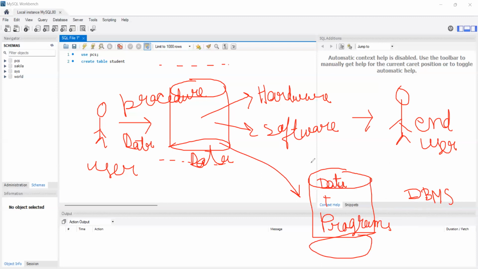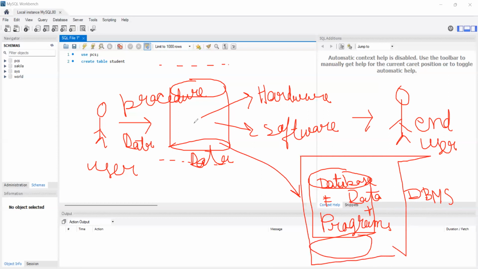Database is equal to data plus programs, and this whole is called the database management system. But the total is called the database management system environment, and this particular section is called the database management system.